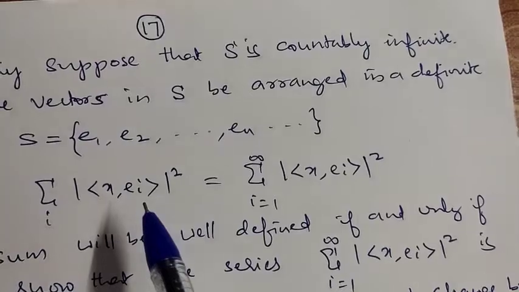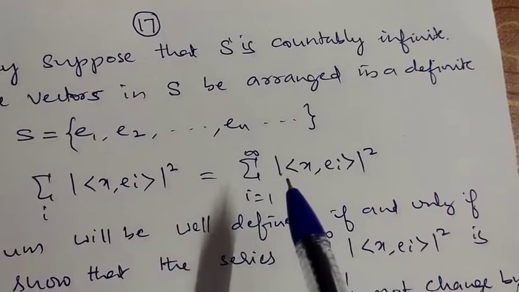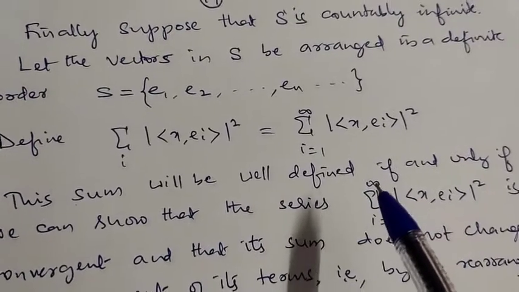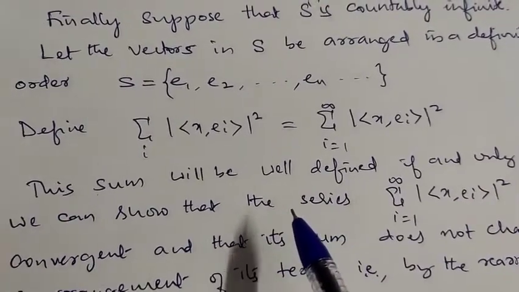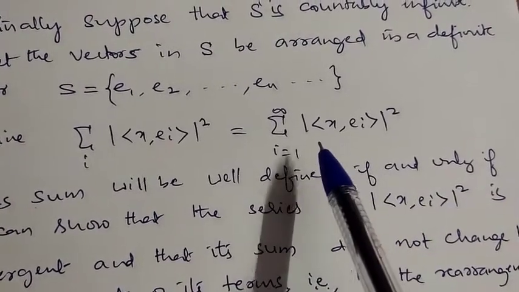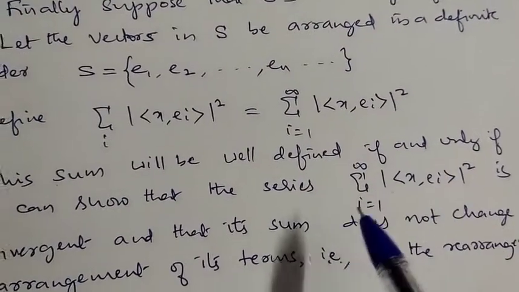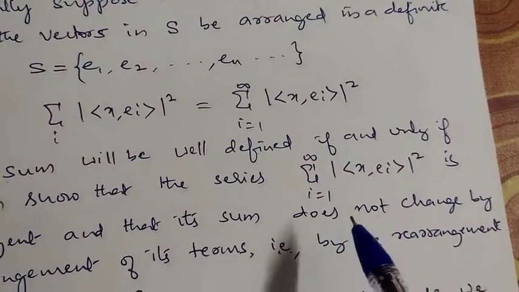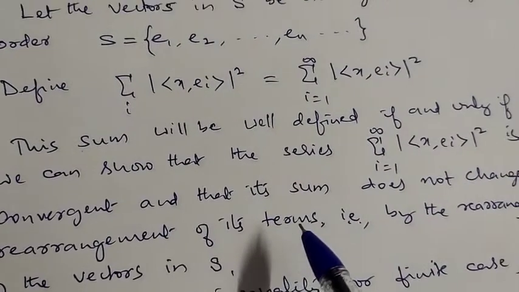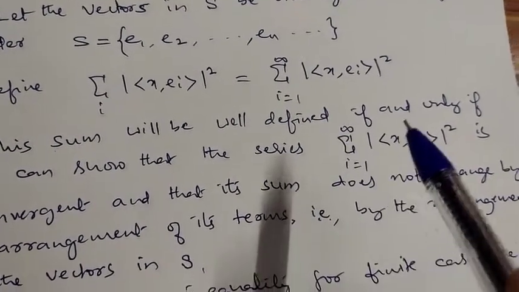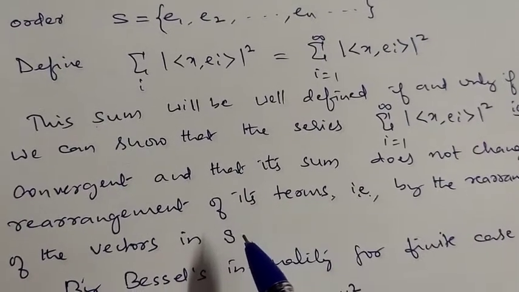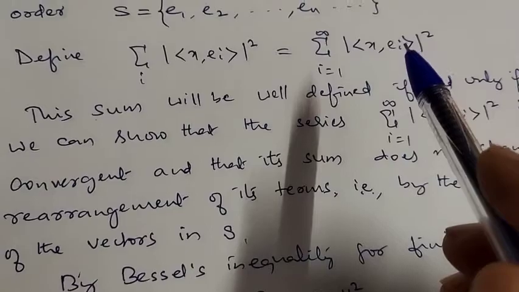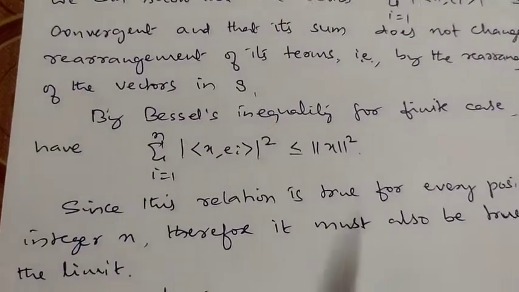We can write this sum like this if and only if the sum is well defined, that is, if you can show that the series is convergent and that the sum will not change by rearrangement of its terms. That is, if we rearrange the vectors in S, this sum will not change. We have to assure that in the beginning.